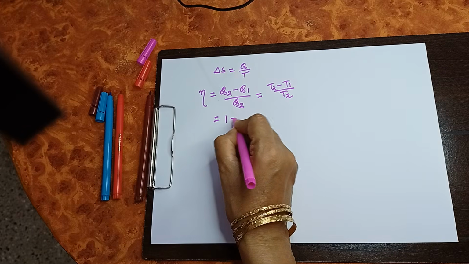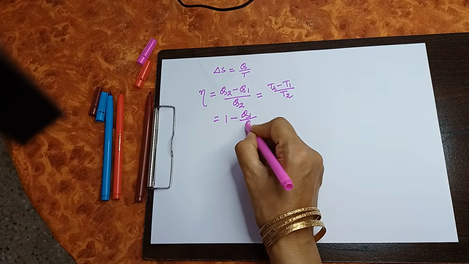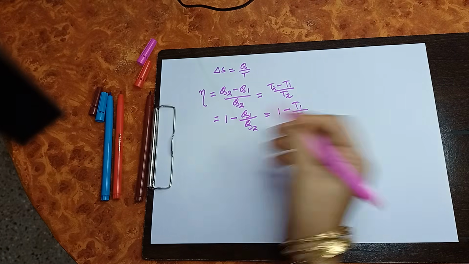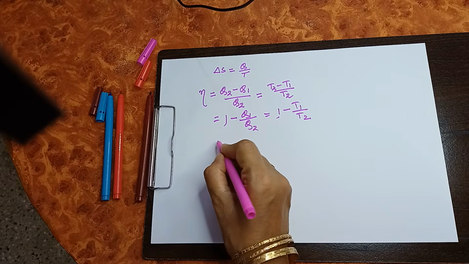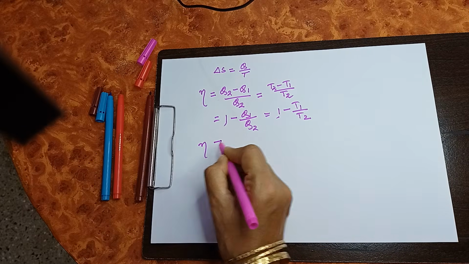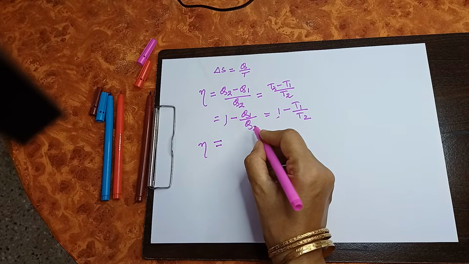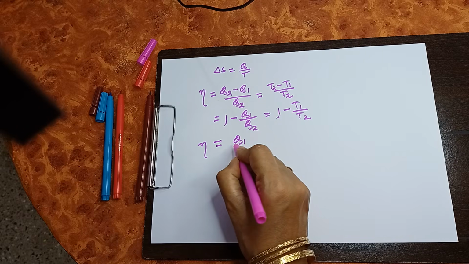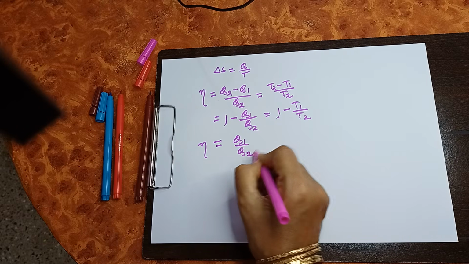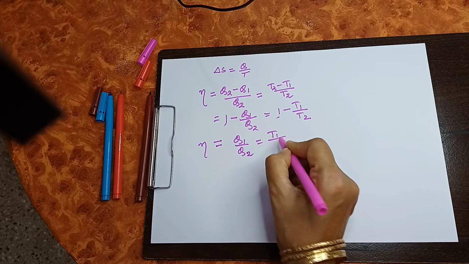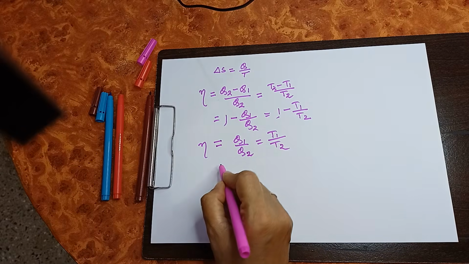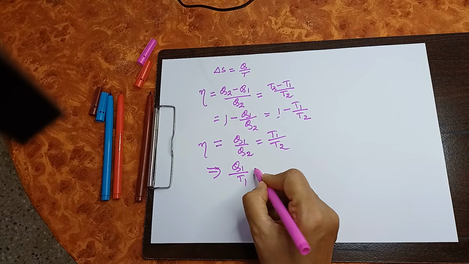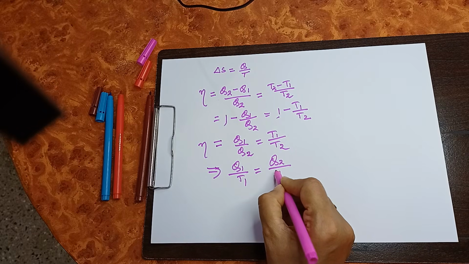So we can write this as 1 minus T1 by T2. These terms cancel, and then we get Q1 by Q2 equal to T1 by T2. From this equation we can write Q1 by T1 is equal to Q2 by T2.